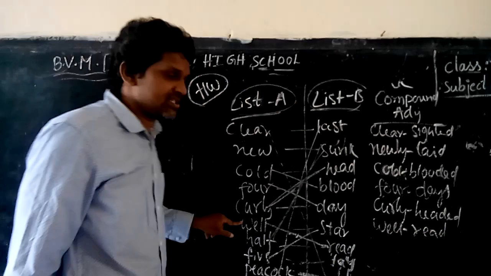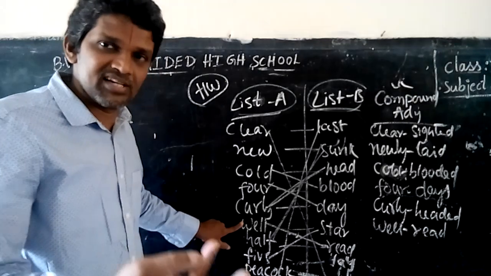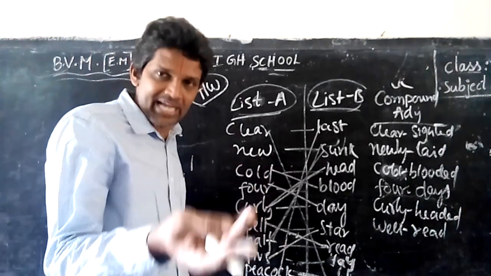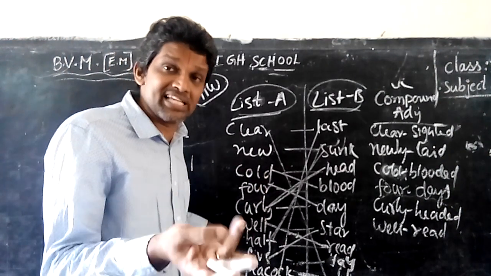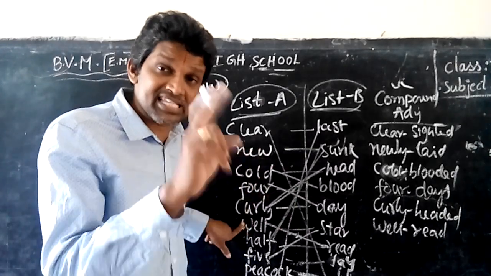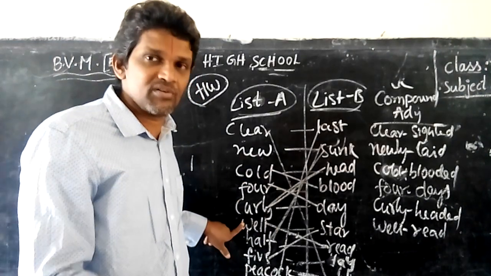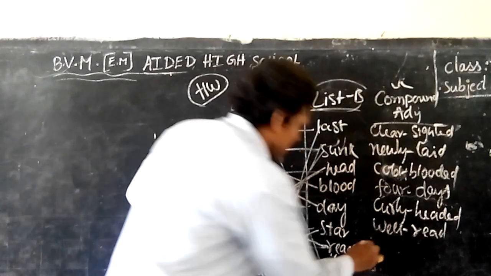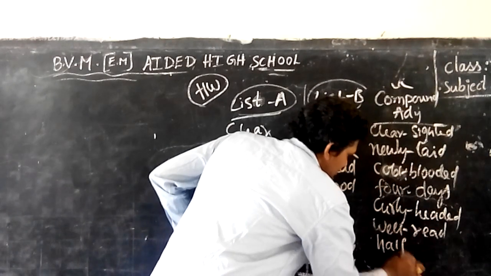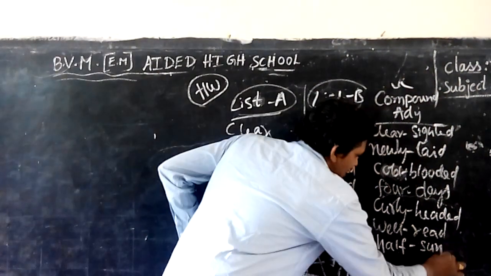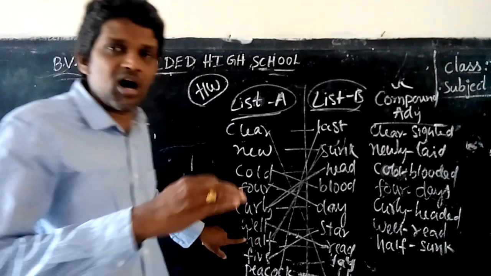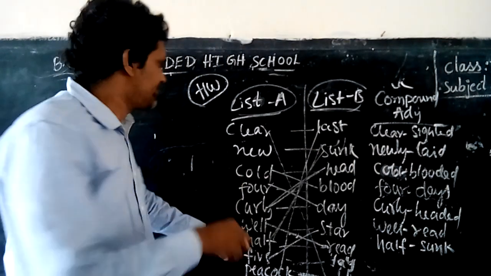Now don't confuse. Read, read. Read is in present tense, read is in the past tense. But the spelling is the same for both these things. Okay? So half sunk. Half sunk means half sunk ship.